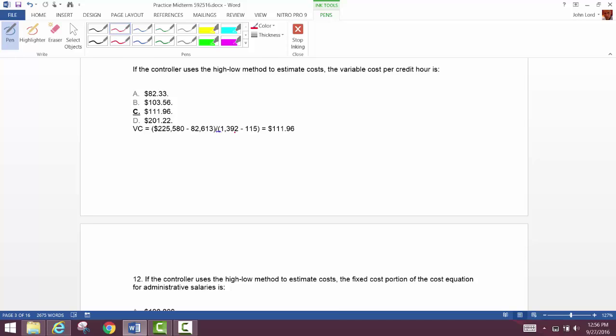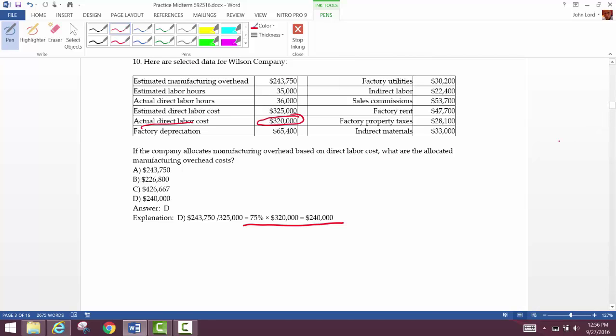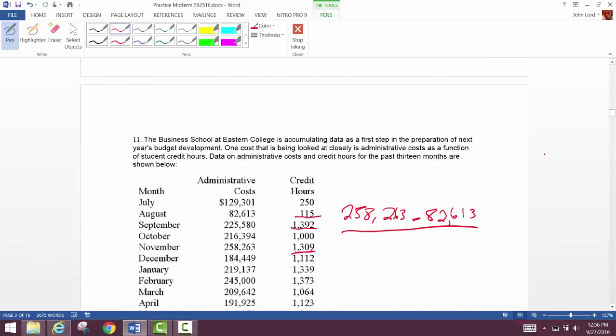So there's a chance that you could have a situation where the units are more and the cost is less. So you use the units here. Okay? So the units were what, 1392? Yeah. So that's why we should have gone by the units of 1392, and the cost associated with that was what?